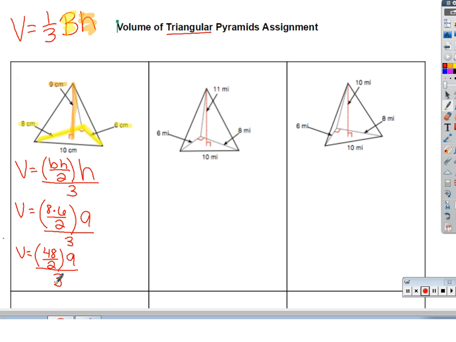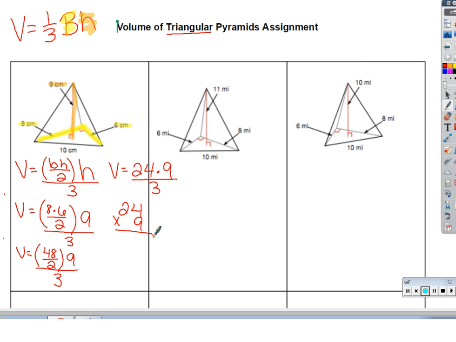Okay, what's 48 divided by 2? 24. I'm going to carry my work up here. Volume equals 24 times 9 divided by 3. Now I'm going to do 24 times 9. You see all the steps that we have? You've got to make sure you're working everything out so you don't get confused. 24 times 9.